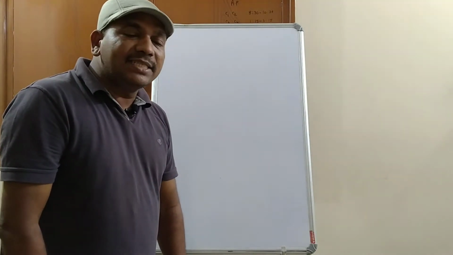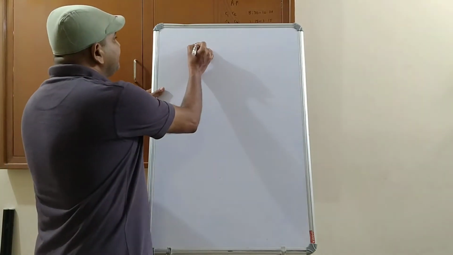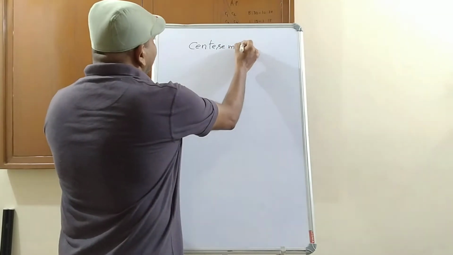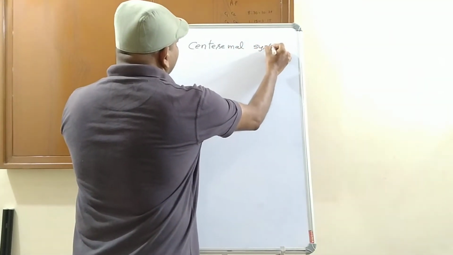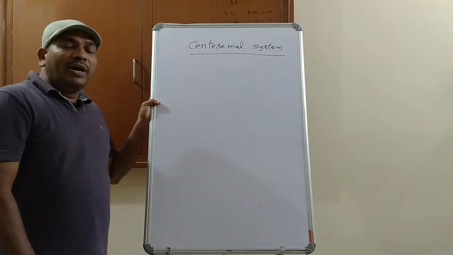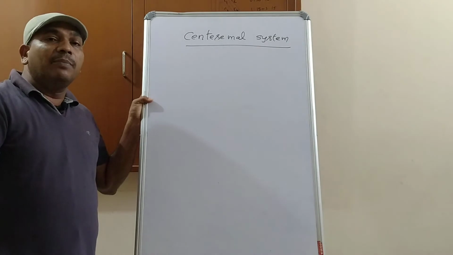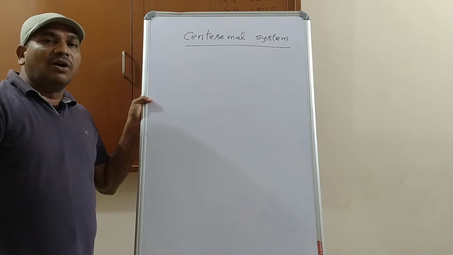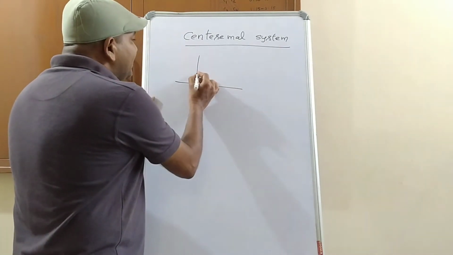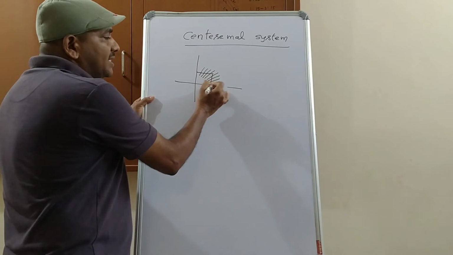Measurement of the angles, second system is centesimal system. In this system, one right angle is divided into 100 equal parts.